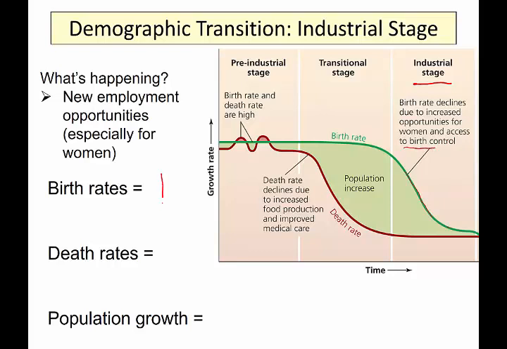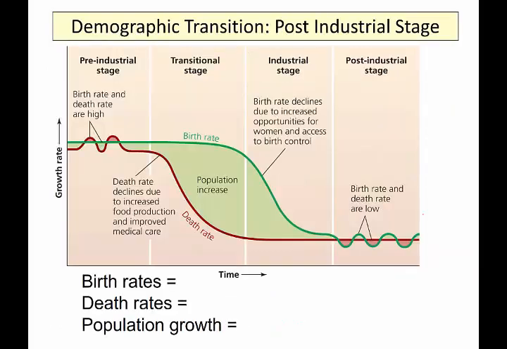So birth rates are fairly low, or they're going down, and death rates are still going down here. So at this point, the difference between people being born and people dying is getting less. And so the population growth rate is starting to slow down as you see the difference between births and deaths get closer together.